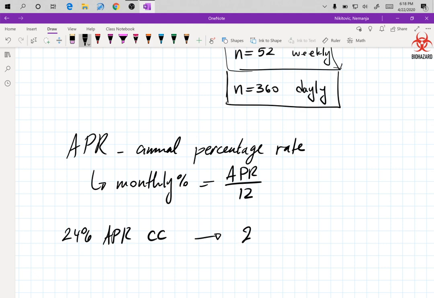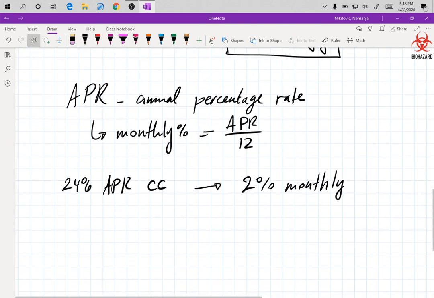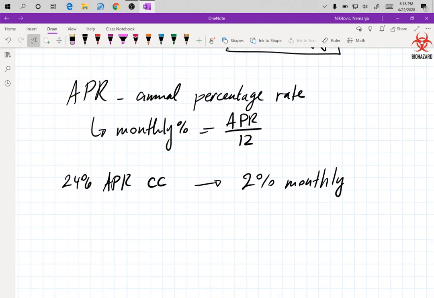That will work out to be 2% monthly. And we don't really need any kind of exponential function or anything. In this case, we just straight up calculate.